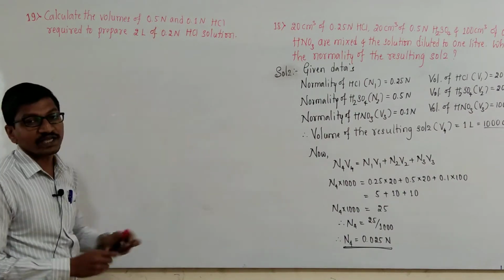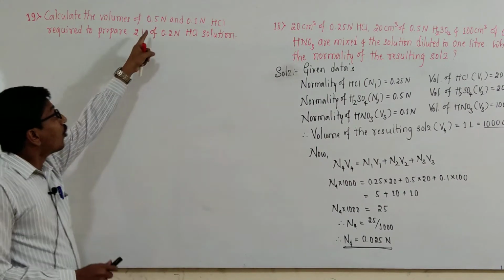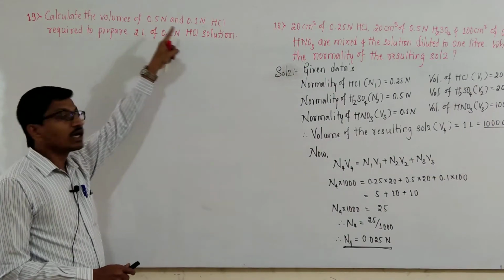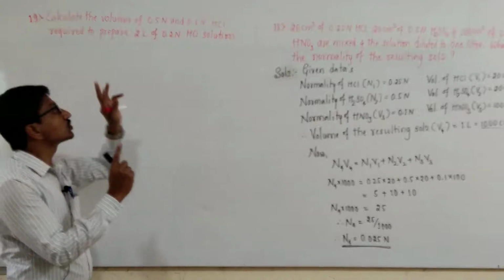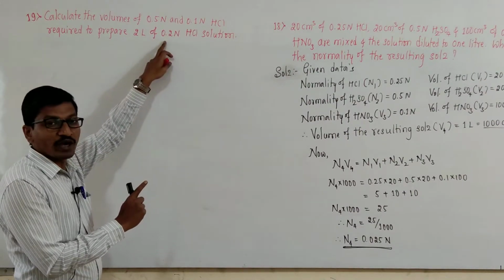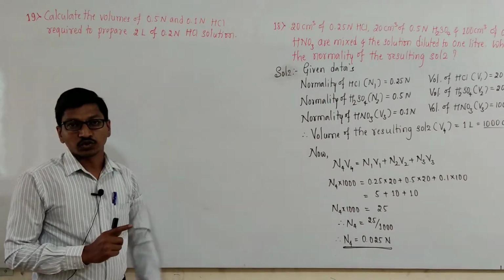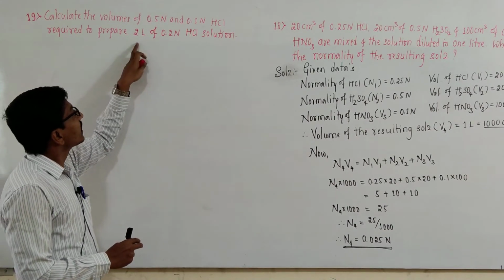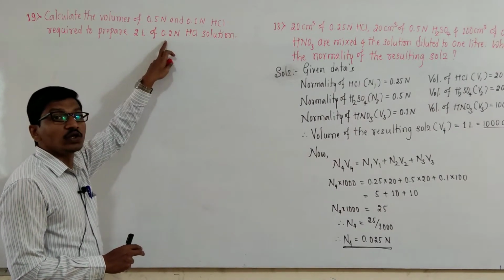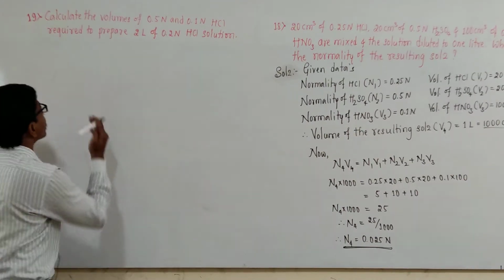How much volume of 0.1 normal and 0.5 normal HCl are mixed to prepare 2 liter of 0.2 N HCl solution.